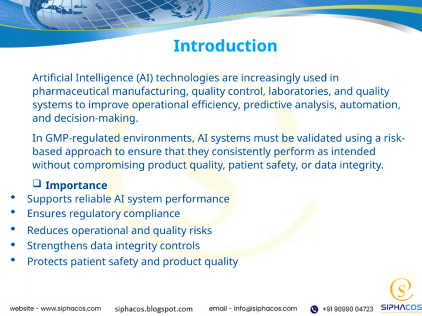Third, properly validating AI reduces operational and quality risks, helping us catch problems before they impact patients or products. Additionally, strong validation and controls help strengthen data integrity, which is crucial for trustworthy decision-making. And ultimately, all of this together helps us protect patient safety and maintain high product quality.